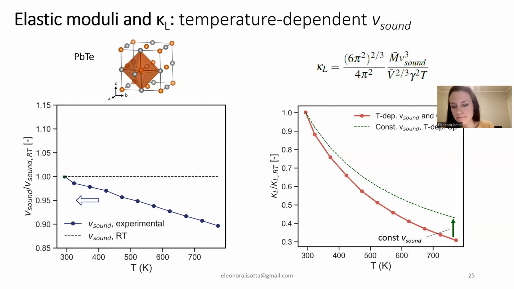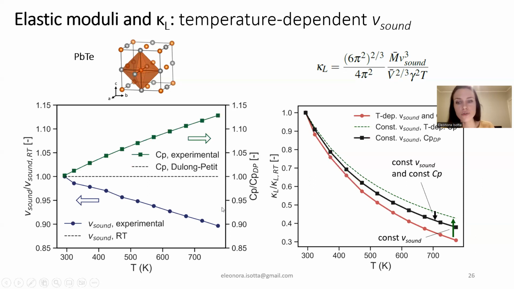But actually, predictions work pretty well, probably because there's another phenomenon that goes into this, because usually we make 2 assumptions. We make the assumption that speed of sound is constant, but we also make the assumption that heat capacity is constant. And heat capacity, instead of decreasing with temperature like speed of sound, actually increases with temperature. So their trends sort of compensate.